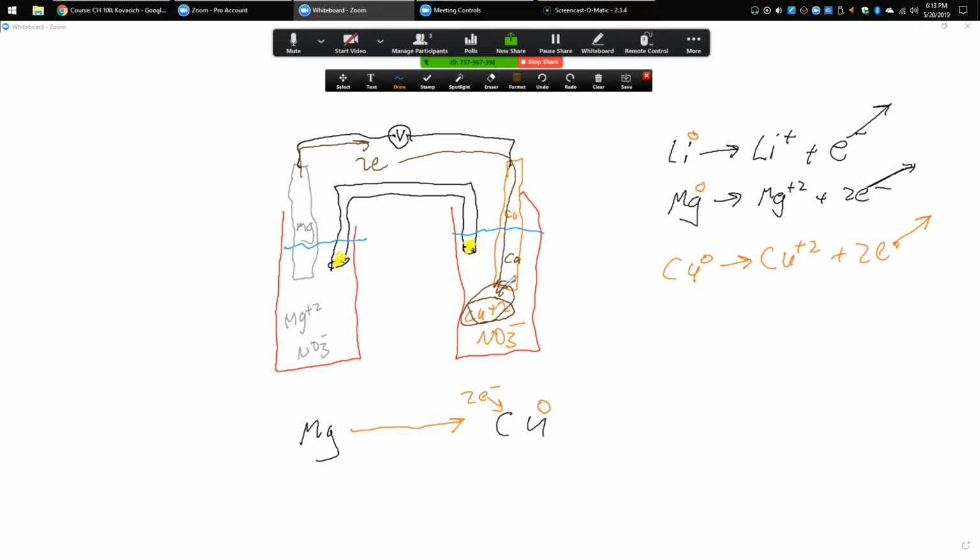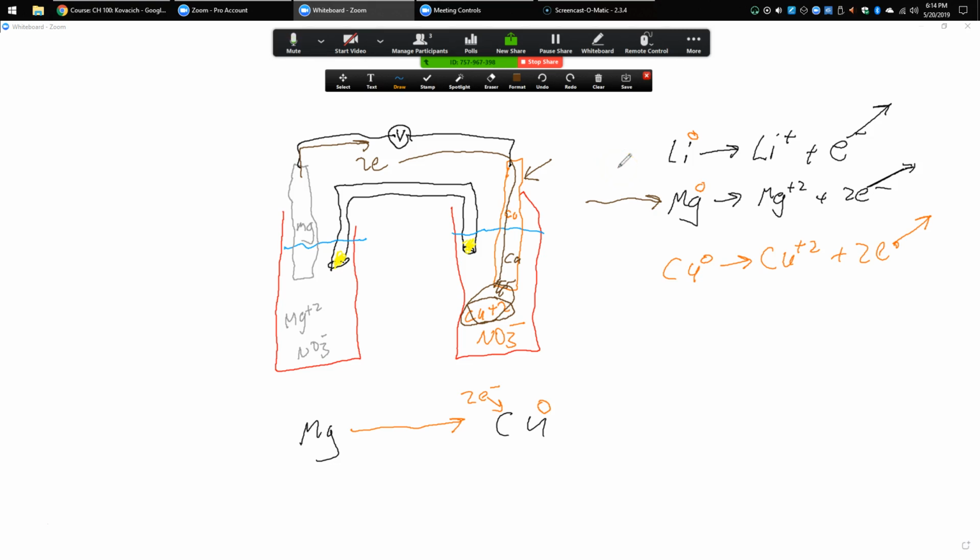So tell me, what do you think's happening to this copper bar right here? Marginally growing bigger? Yep, it's getting bigger because copper is attaching itself to it. But on this other side, this magnesium did this right here. When it loses 2 electrons, it can't be a solid anymore, and it goes into the solution.